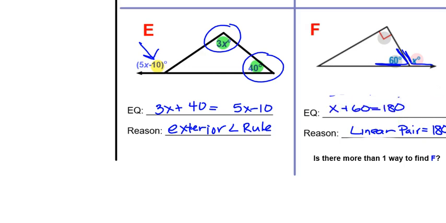And so I can say x plus 60 equals 180. But then if you were going to try to use the other rules that we have, you actually can use the exterior angle rule. And remember that that rule says that these two angles equal this angle right here. So you may not have thought of that, but we can use that.